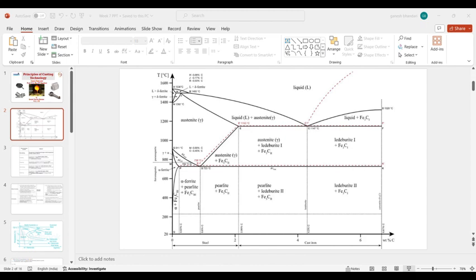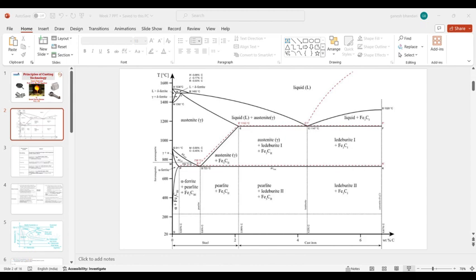This is your critical temperature line. That critical temperature changes according to your carbon percentage. When we are talking about 0.8% carbon, the critical temperature is 723 degrees Celsius, and if we are talking about 0% carbon in the steel, then we will go with 911 degrees Celsius.